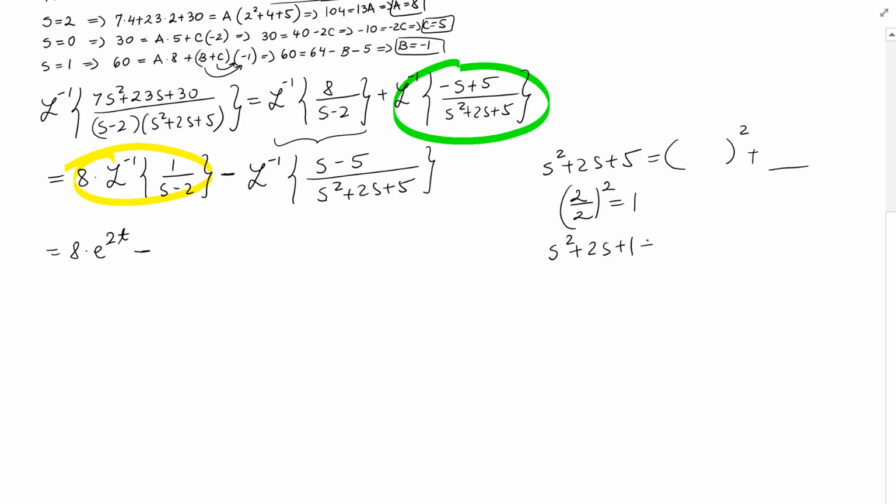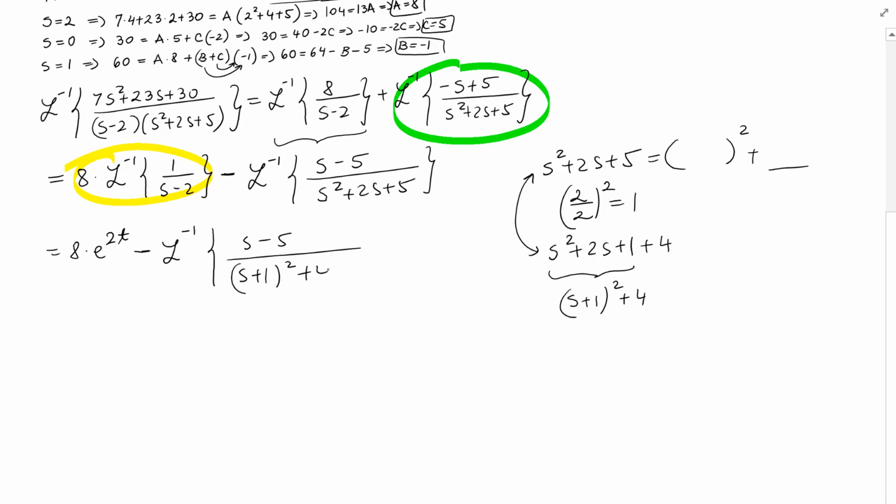But our problem originally had 5, so I'm going to add a 4, because now my first expression is still written in the correct format. I didn't change anything. Now this trinomial is s plus 1 squared, and then I have plus 4. It means our inverse Laplace transform can be written as s minus 5 over s plus 1 squared plus 4.